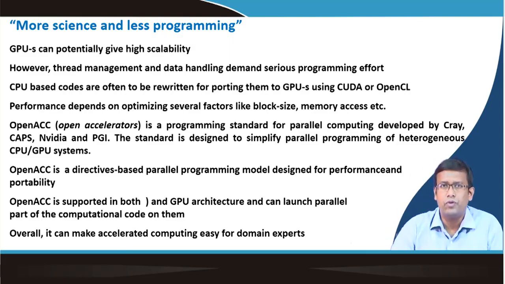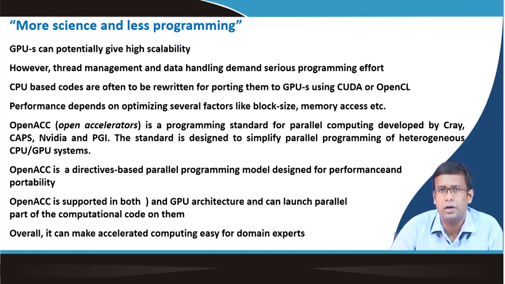Well, we know GPUs can give very high scalability. We have seen 90 times scalability in some of the matrix computing examples in the last class. However, thread management and data handling demand serious programming effort. With OpenMP, with a very initial background, one can jump in and start converting his program.